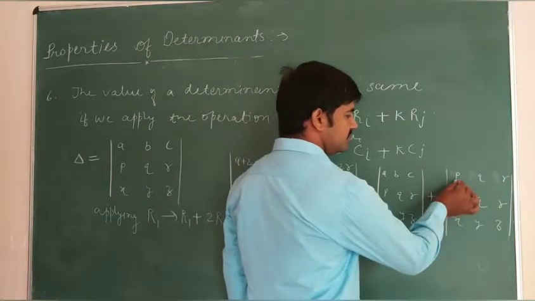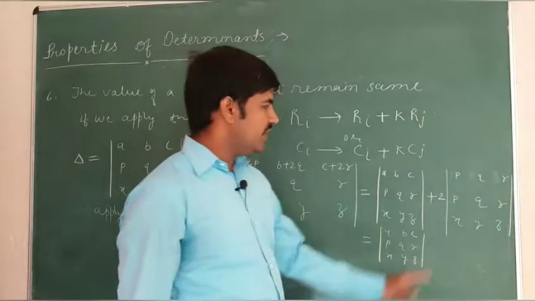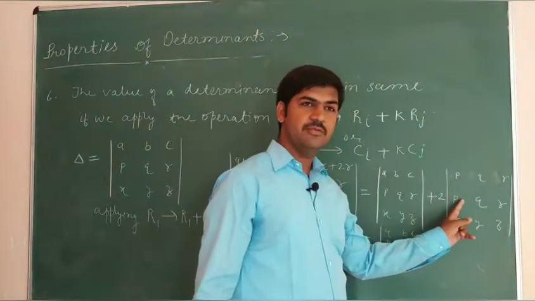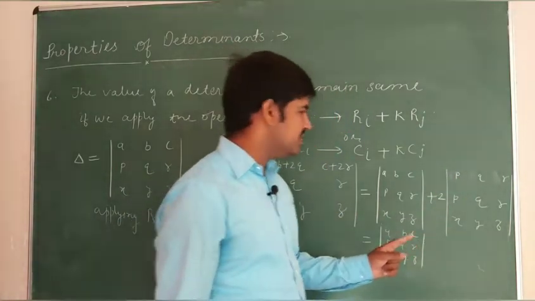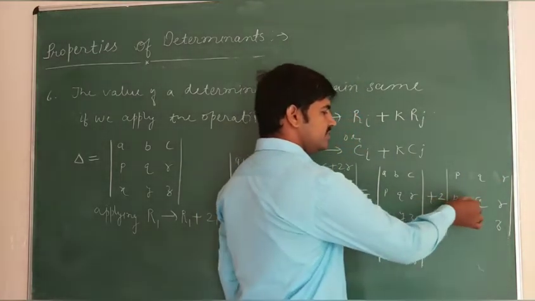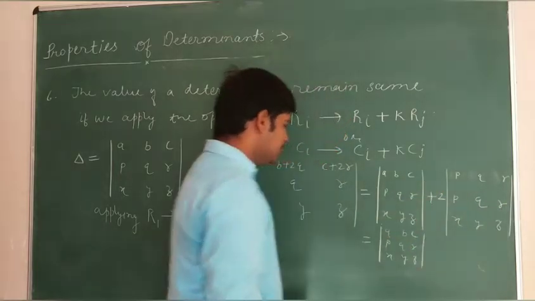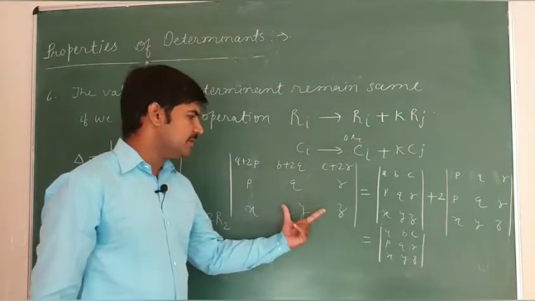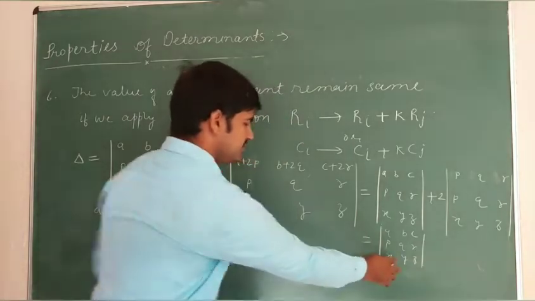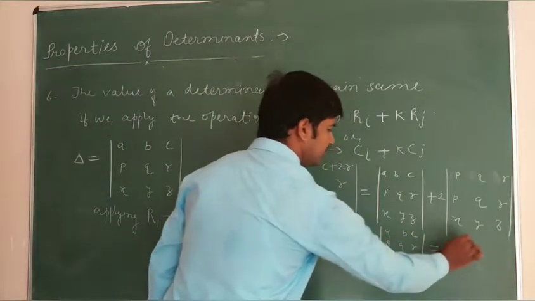Now what do you notice, students? R1 and R2 are identical. So when R1 and R2 are identical, one of the properties of the determinant says that the value of determinant is equal to 0. So 2 times 0, hence this determinant has become 0. So what have we got as the value of this particular determinant? This is what del actually is. So this is equal to del, we have got back.